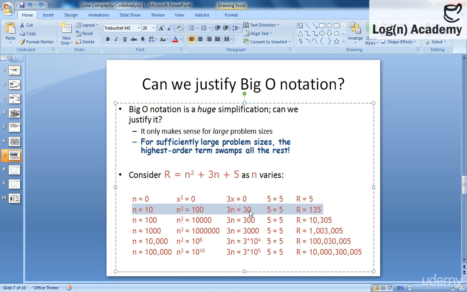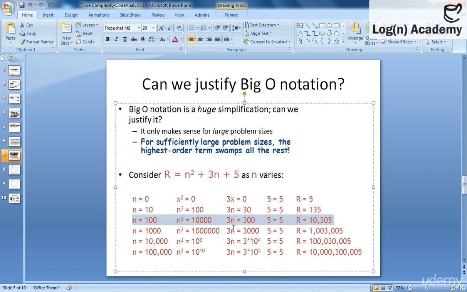When we add all these values, we get 135, right? Now if n is 100, n square is 10,000, 3n is 300, and 5 is 5. So the value of the result we are getting is 10,305.